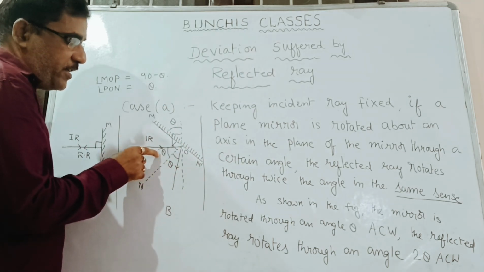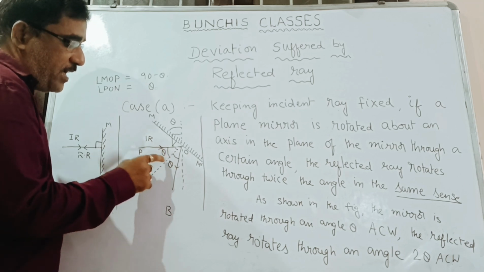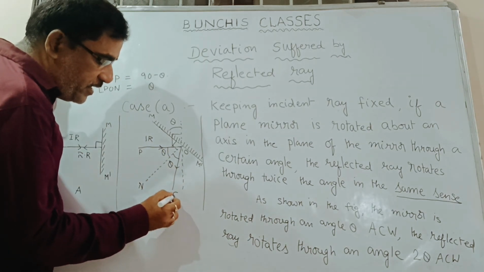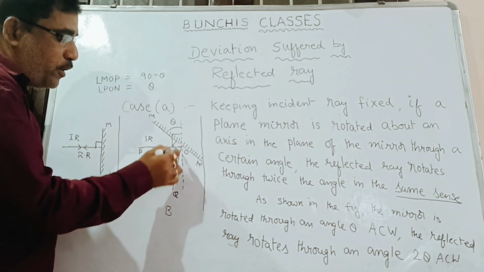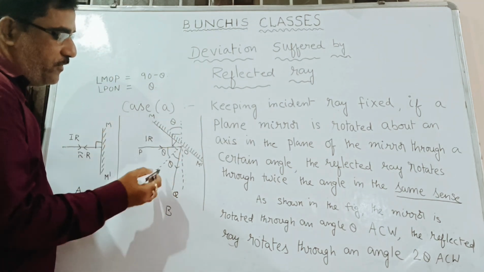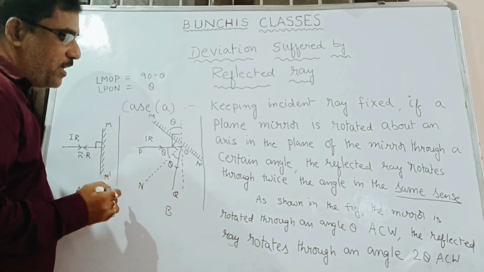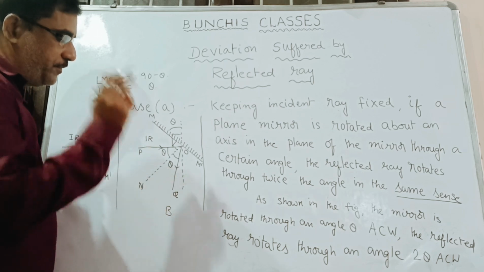So this will be theta. And this angle you treat as Q. Angle NOQ is also theta, which is the reflected angle. So angle of incidence is equal to angle of reflection. In both cases it will be theta.